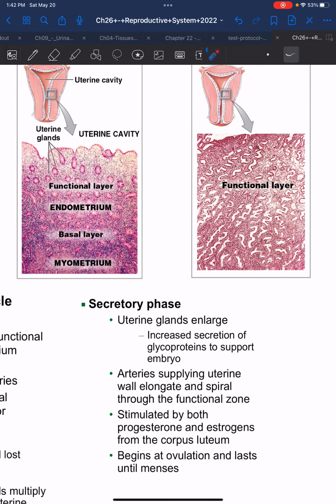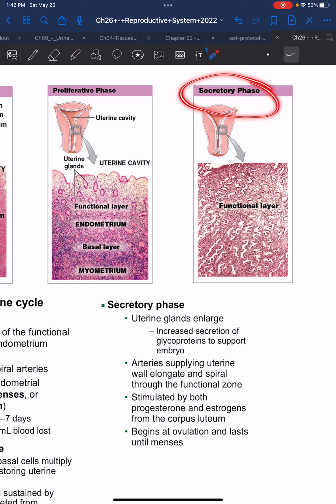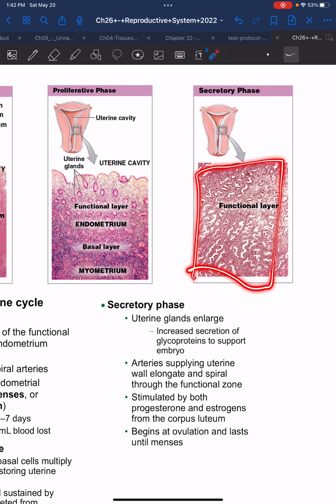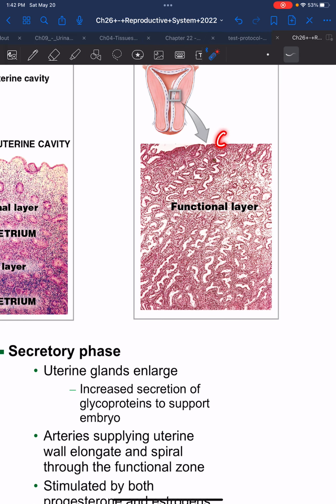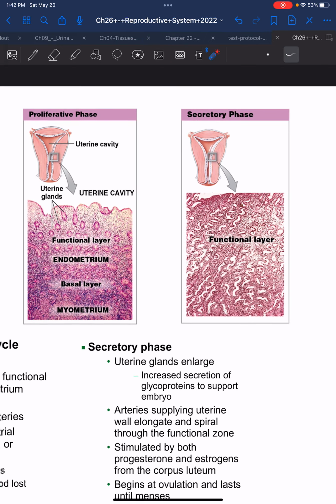And you can see that eventually when we get to the secretory phase, the functional layer has developed fully. It has increased so much that they're not even showing you the myometrium anymore because it's so large. It has increased in length going towards the uterine cavity. And so within the space, you can see that it is now ready to catch an egg in that layer.